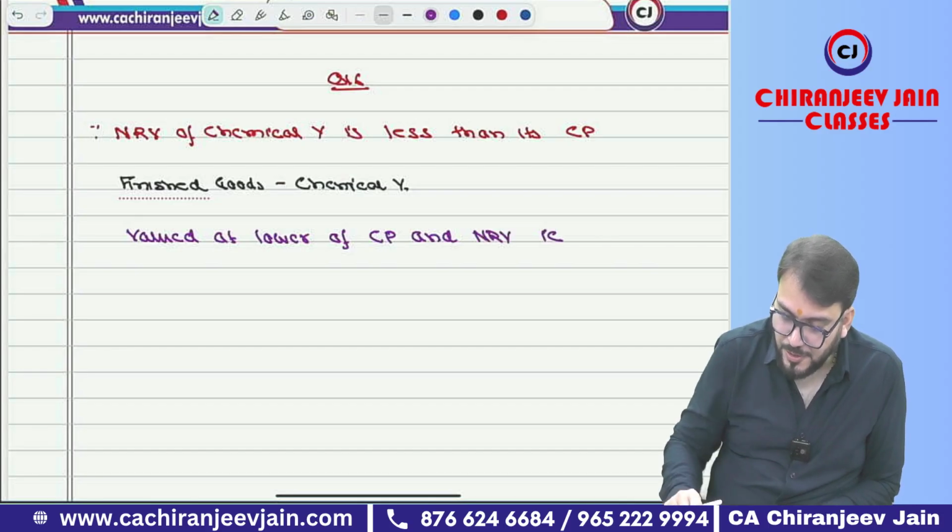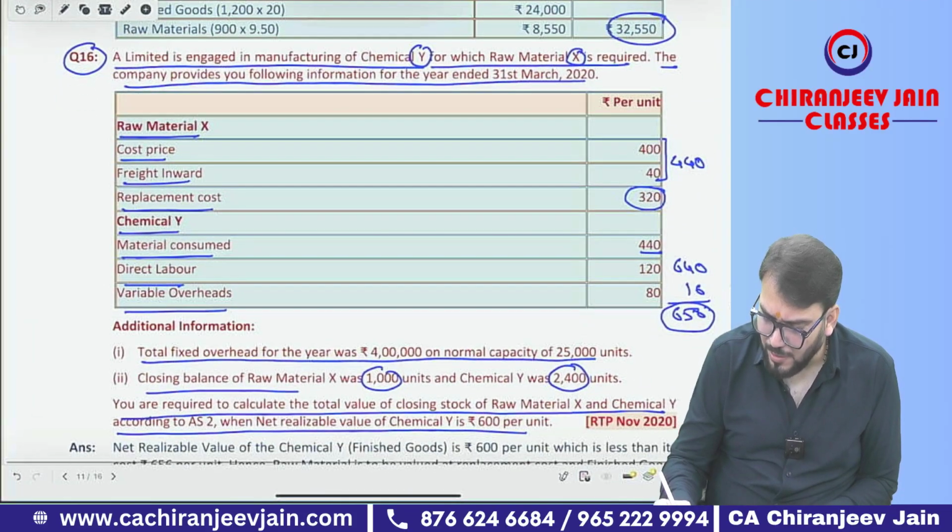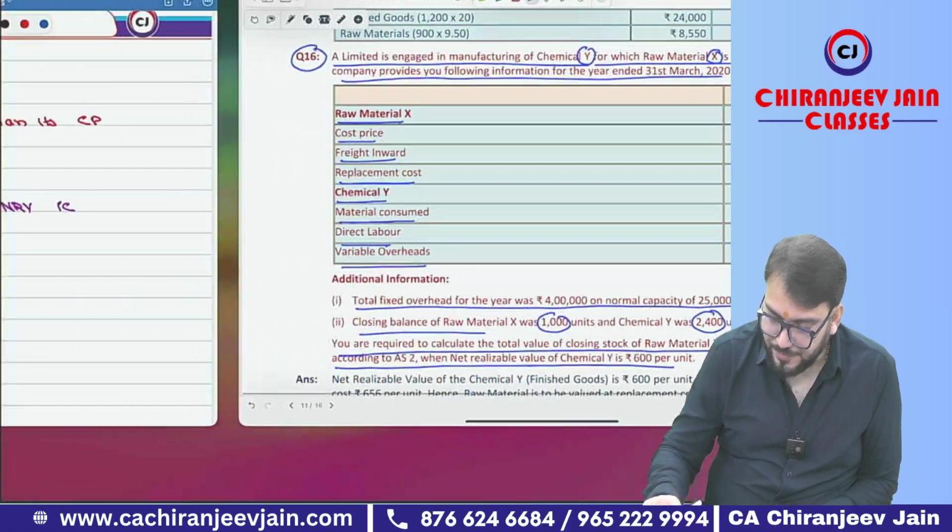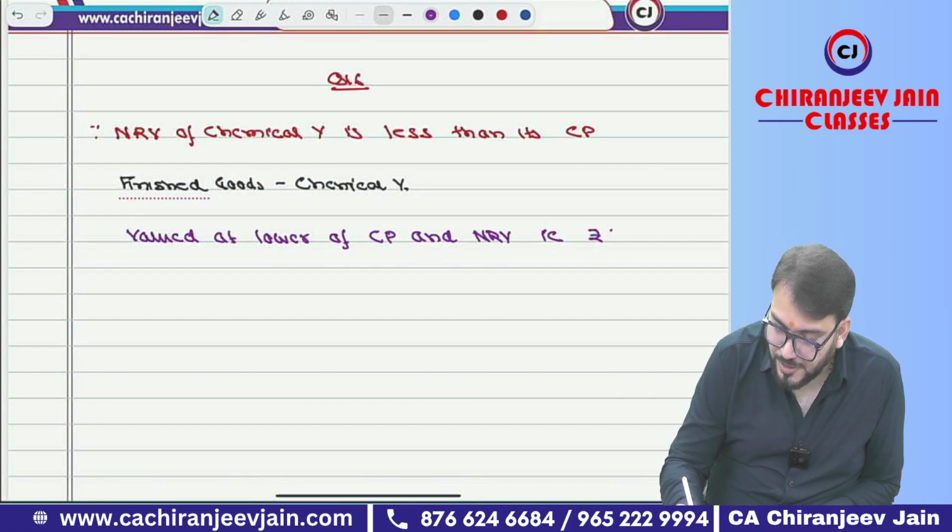That is rupees how much? Lower is what? 600 per unit. That is rupees 600.